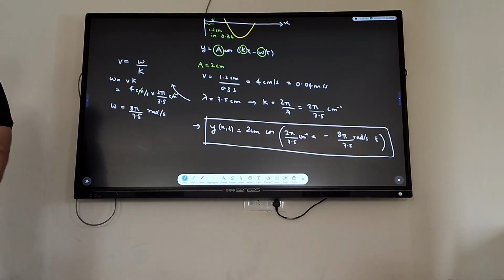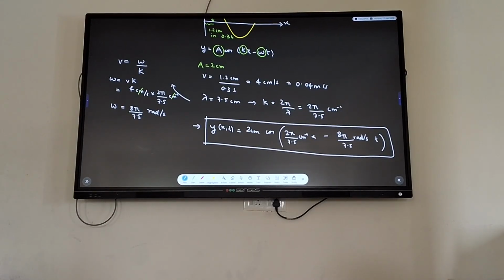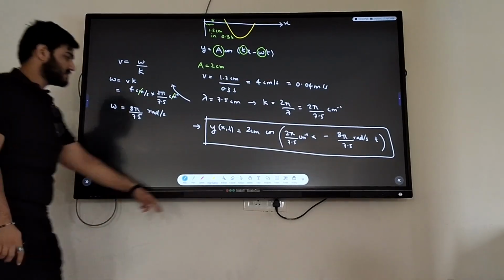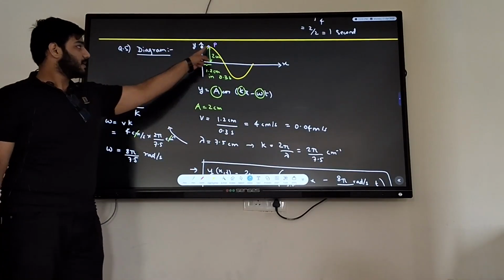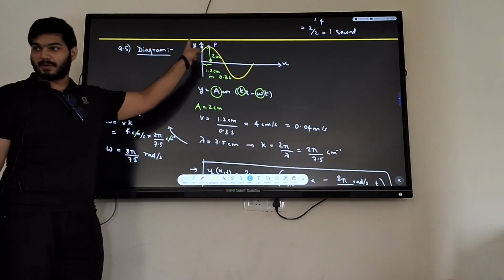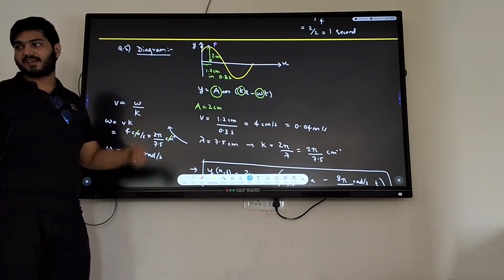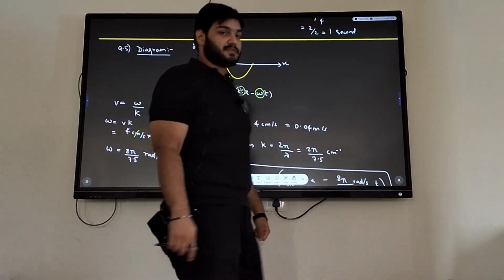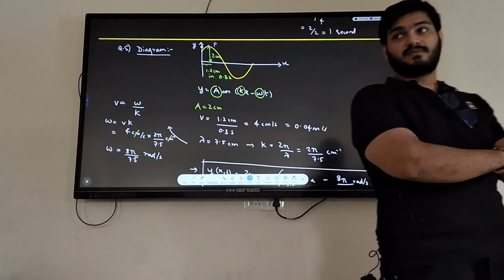Anybody got the answer? When the peak was at x equal to 0, t equal to 0, when the motion started, the peak was here at t equal to 0. That is given in the question, and the peak has moved this distance in this time. But it will have a phase, right?